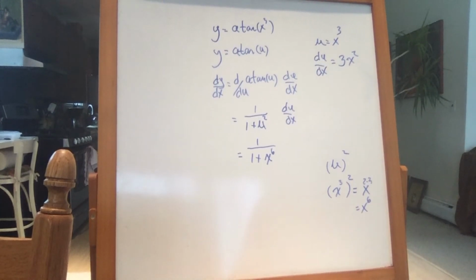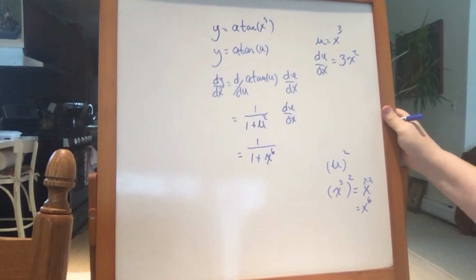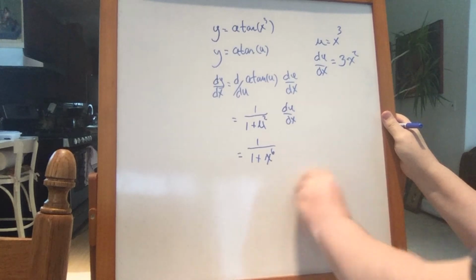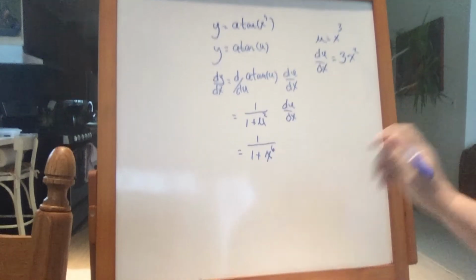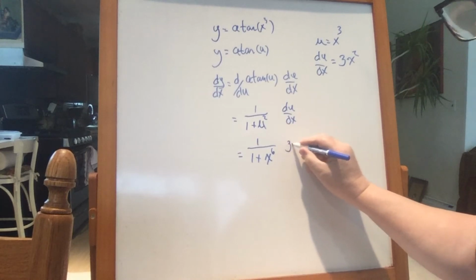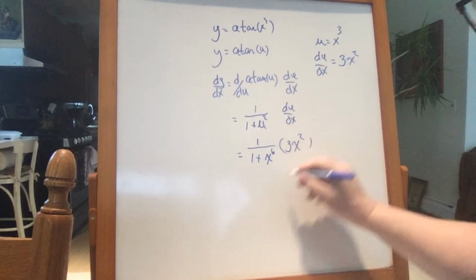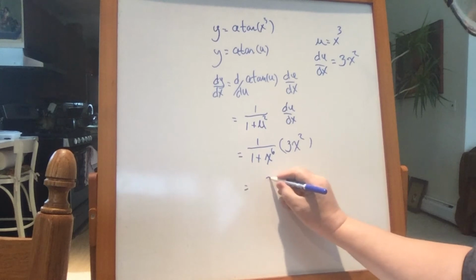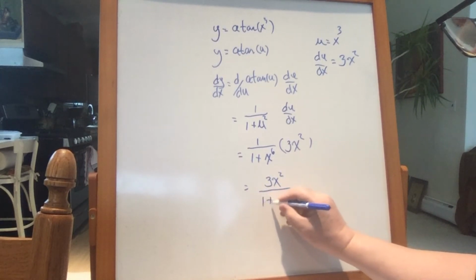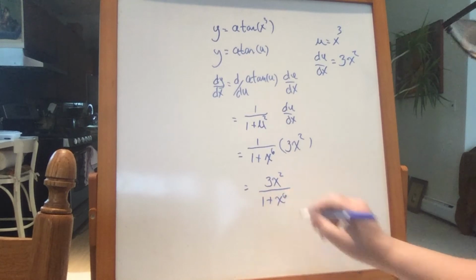We're going back to our understanding of exponents and the rules of exponents. So x to the 6 times du/dx, so we have 3x squared. And we can neaten it up: 3x squared over 1 plus x to the 6.